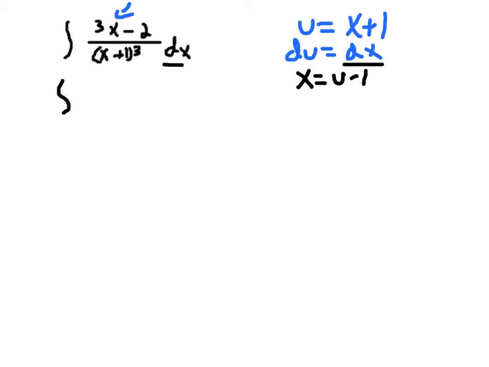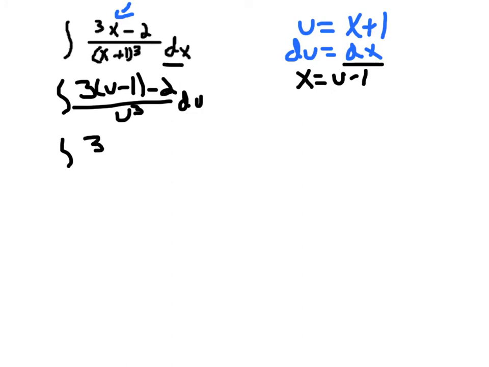This is equal to 3 times (u minus 1) minus 2, over u cubed du, which is the same thing as 3u minus 5 over u cubed du.